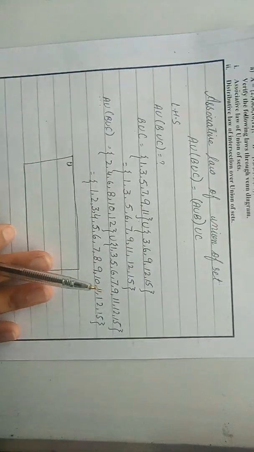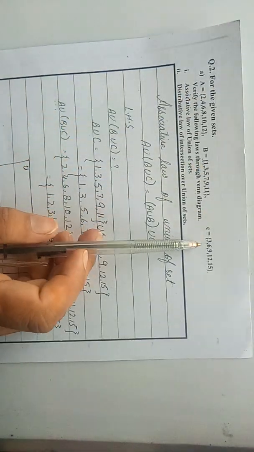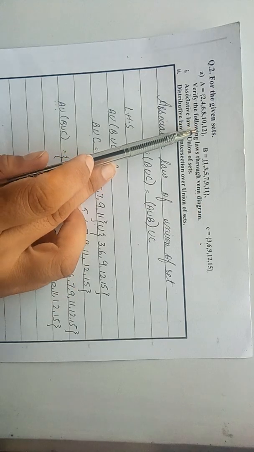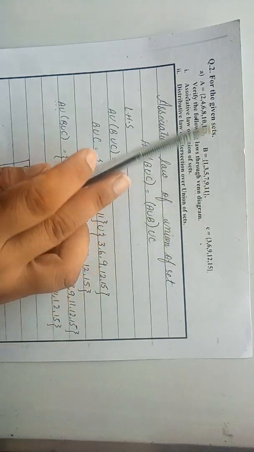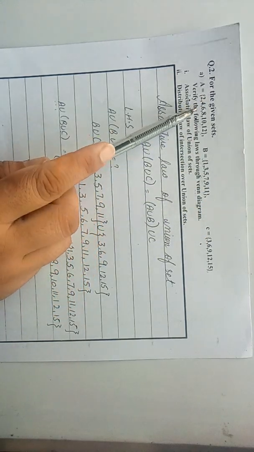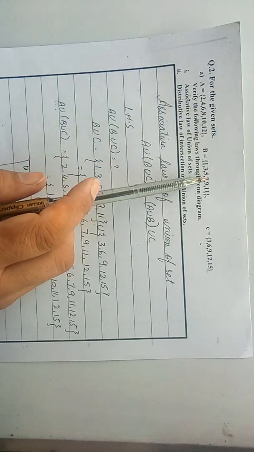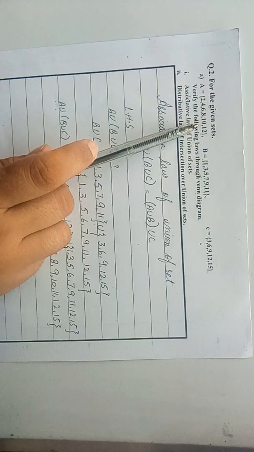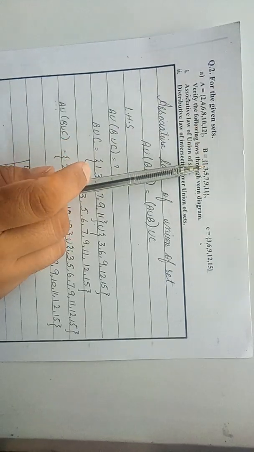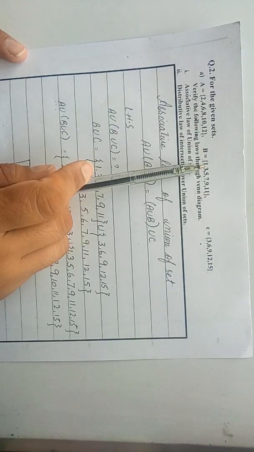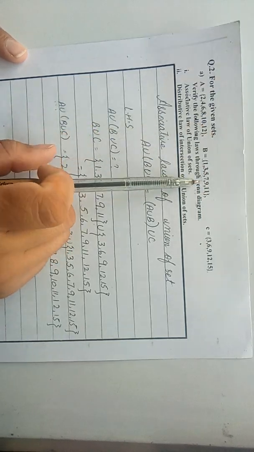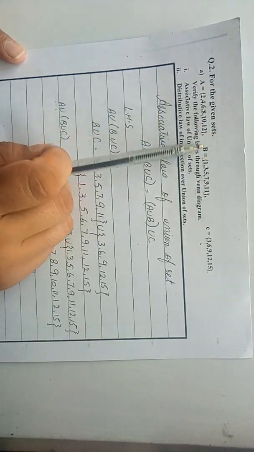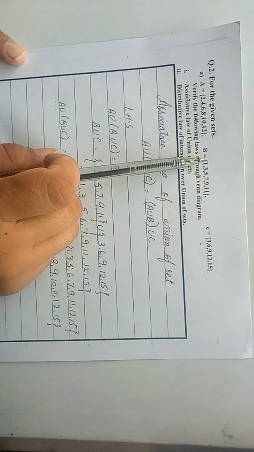Now we have here three sets A, B and C, and first we consider if there are any commons between these elements. Set A contains 2, 4, 6, 8, 10, 12 and set B contains 1, 3, 5, 7, 9, 11. It means set A and set B do not contain any of the same elements. No element is common between the two sets, so these two sets are disjoint sets.